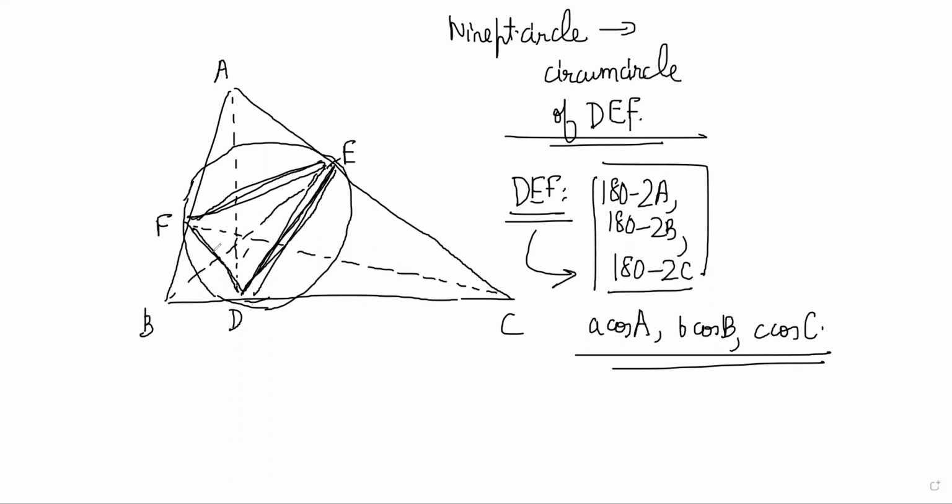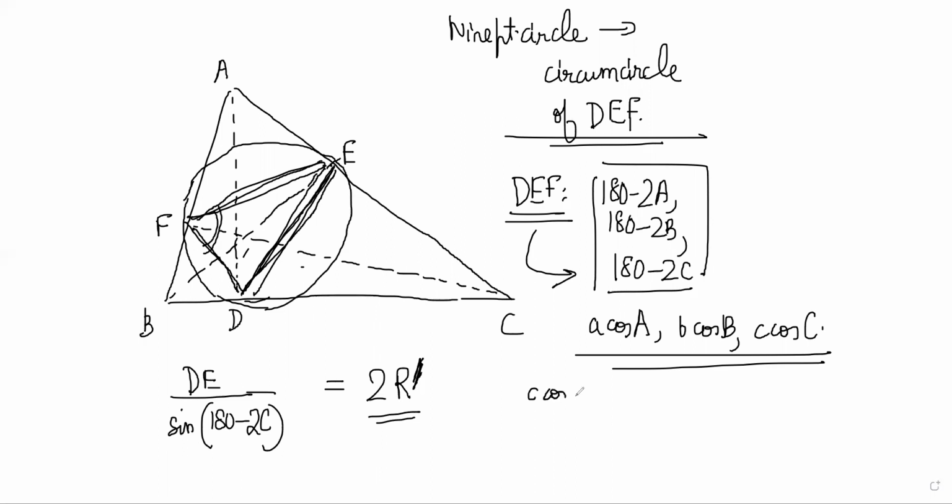So for the circumcircle of DEF, I will say DE by sine of this angle, sine of 180 minus 2C, should be equal to 2 times the circumradius of that triangle, right? And what is DE? DE was C cos C. So C cos C divided by sine 2C is equal to 2R dash.